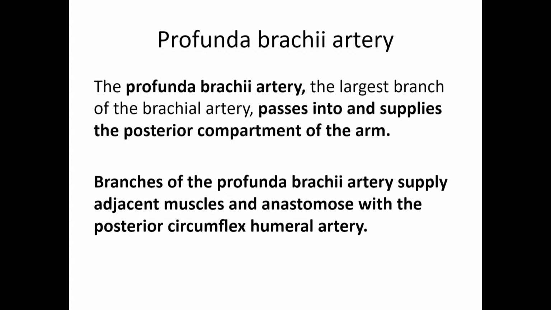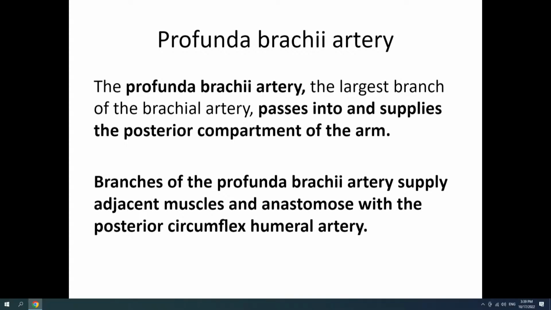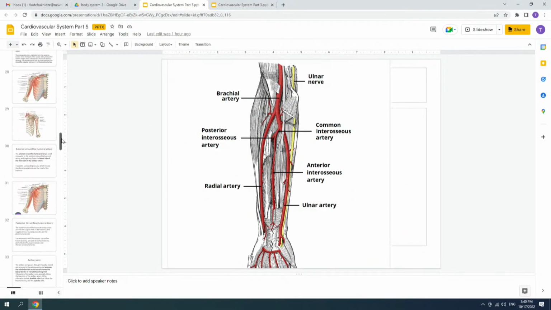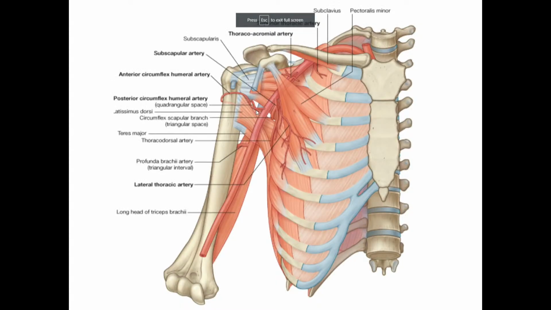Can you remind me what was the posterior circumflex humeral artery? Okay, we will see a photo once again of it. As we said, anterior and posterior circumflex humeral arteries were branches of the third part of the axillary artery.